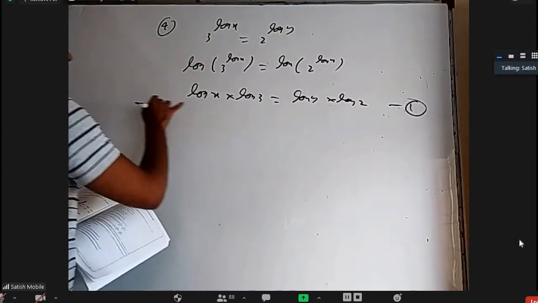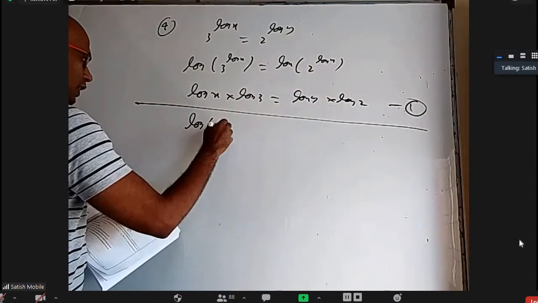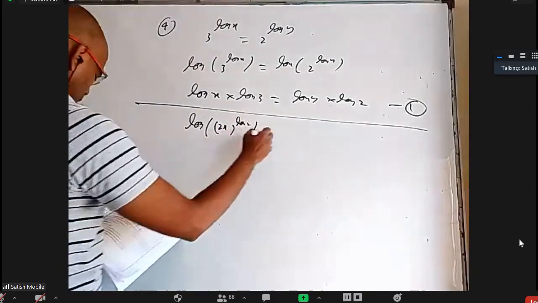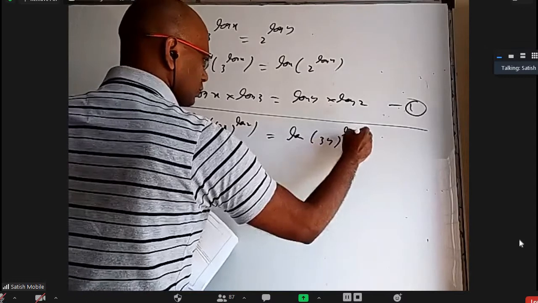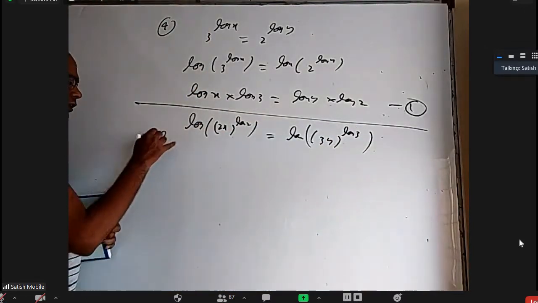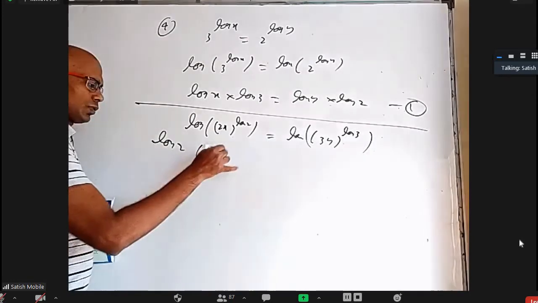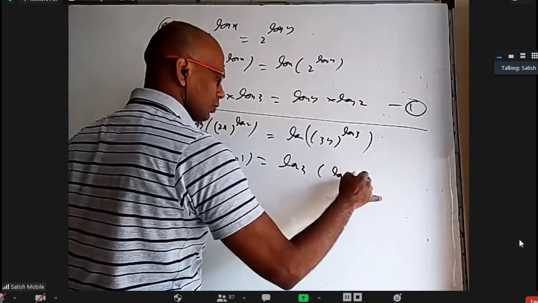First equation also we apply log. Log of 2x whole power log 2 is equal to log of 3y power log 3. This log 2 will come out, that log 3 will be coming out. So we get log 2 into log of 2x, log 3 into log of 3y.